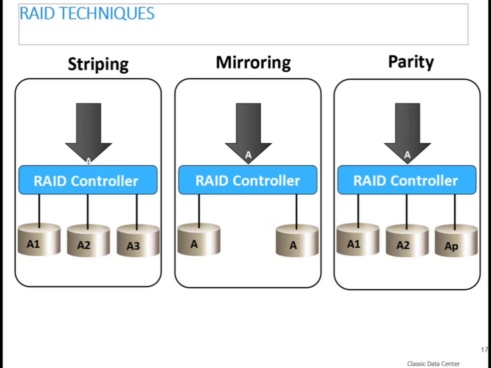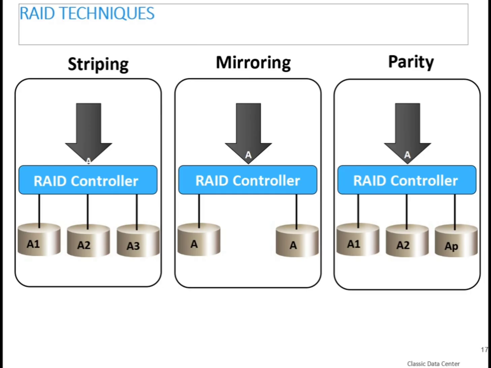Parity is a method of protecting striped data from disk failure without the cost of mirroring. An additional disk drive is added in the stripe set to hold parity, a mathematical construct that allows recreation of missing data.